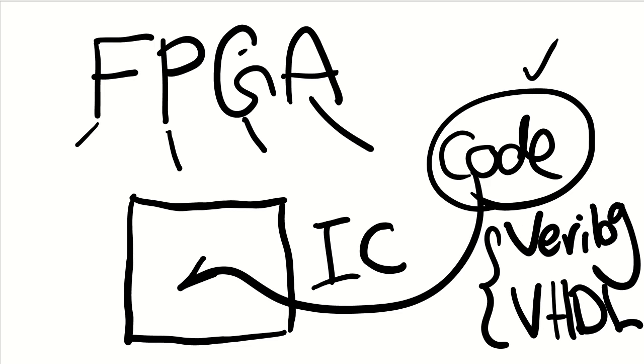So you write your code using either one, and once you write your code, it's exactly like when you write C or C++ code, Python, MATLAB. For example, for C++, you compile your program, right? Here it's the same thing. You synthesize your logic circuit from the code.